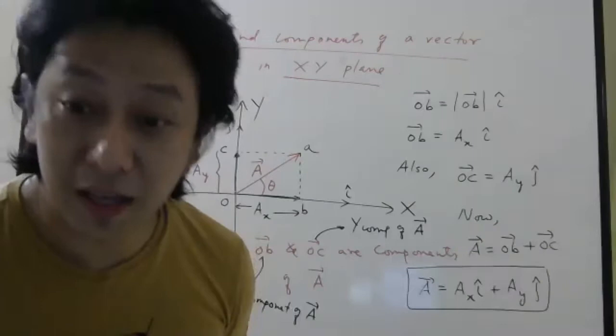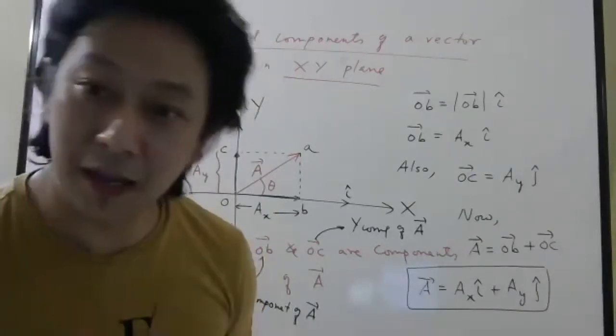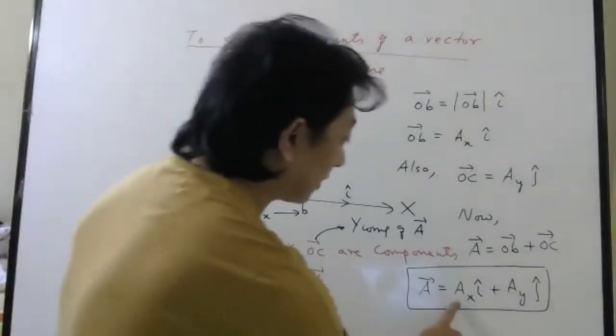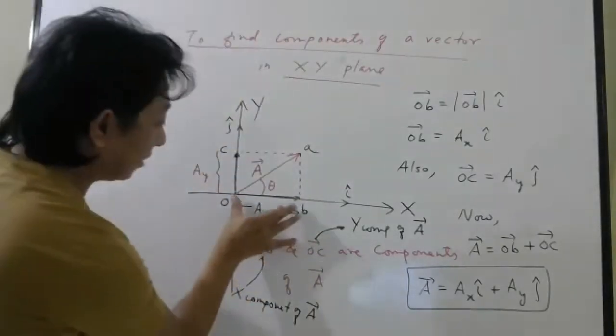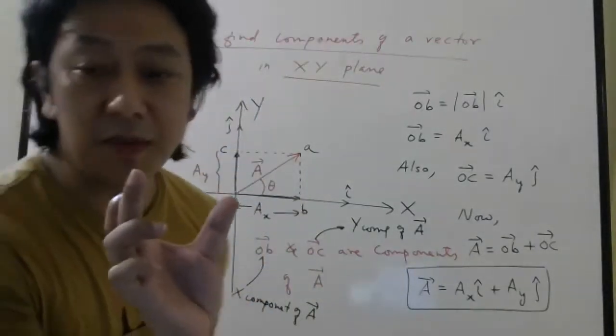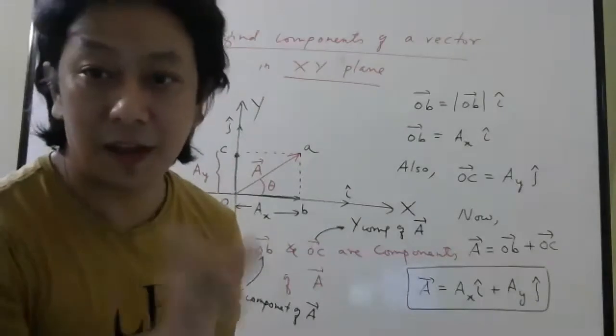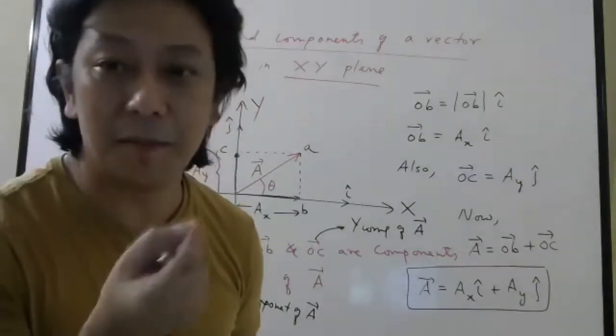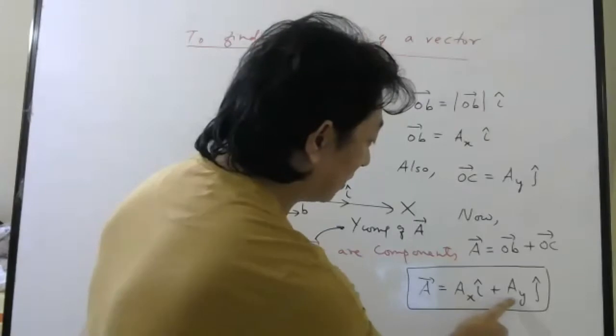Which are those? AX and AY, because AX and AY are the lengths of the vectors. Length of the vector means magnitude of the vector, and magnitude is always a number. So this is a number, and this is a number.